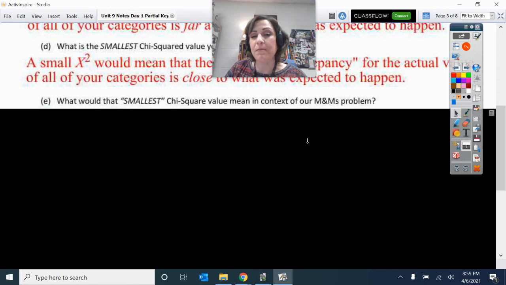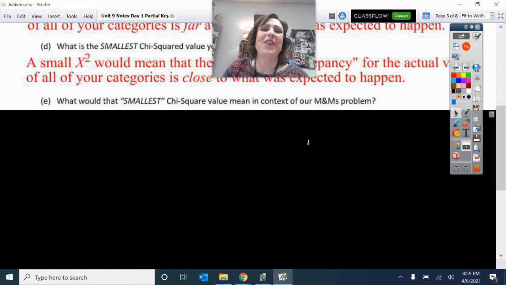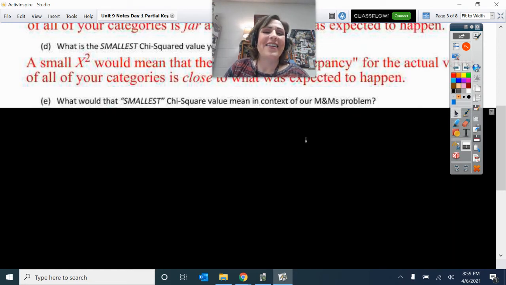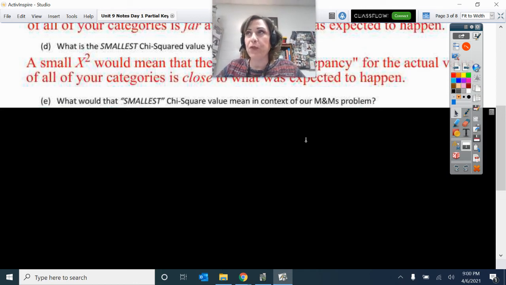What would the smallest chi-squared value mean in context of our M&Ms? I didn't answer this correctly because I wasn't thinking about what the smallest chi-squared value would mean. It would mean that your M&Ms were exactly what they were expected to be.